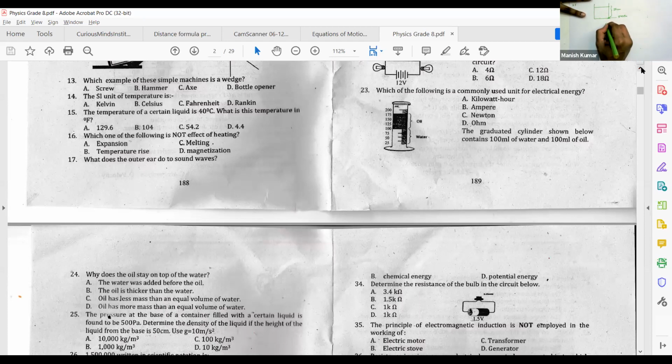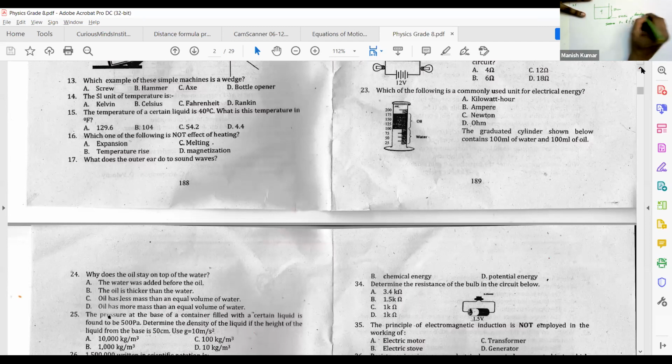So how do you measure pressure? In terms of height and density, pressure is measured as H rho G, where the Greek letter rho means density.